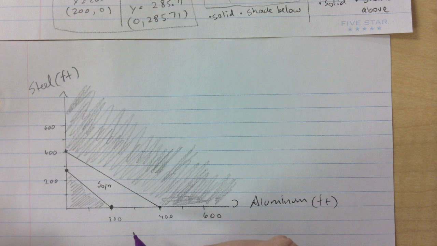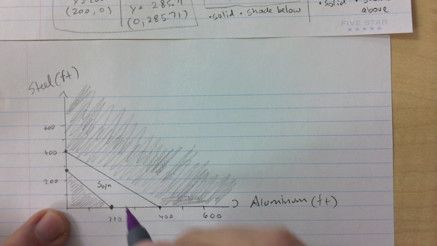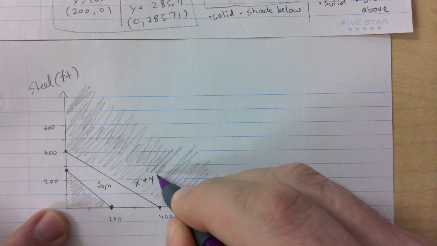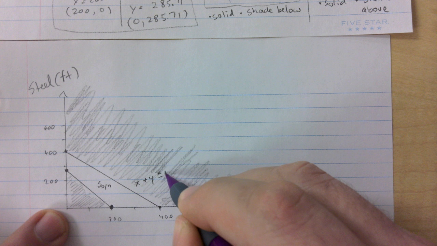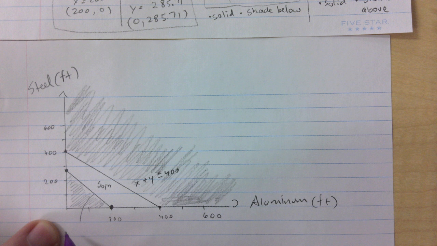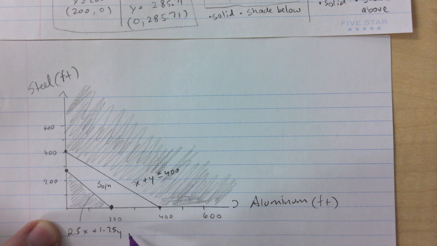And oh yeah, I need to label, right? So this would be x plus y is less than or equal to 400. This line right here, I'm just going to label it that way, 2.5x plus 1.75y is greater than or equal to 500. And there it is, corner points.